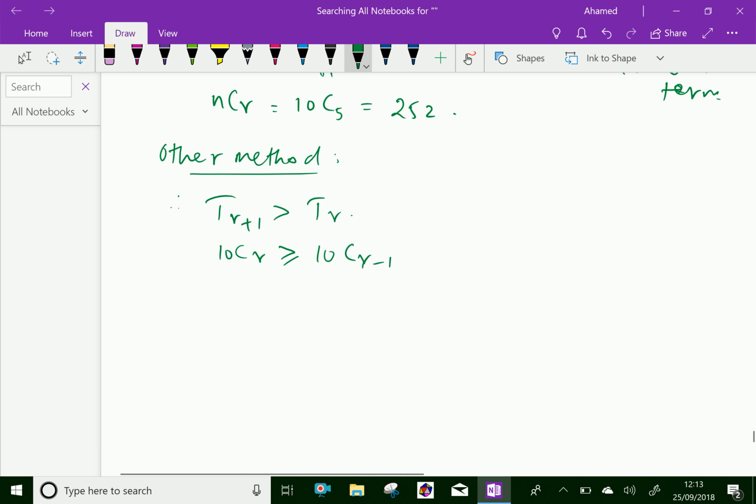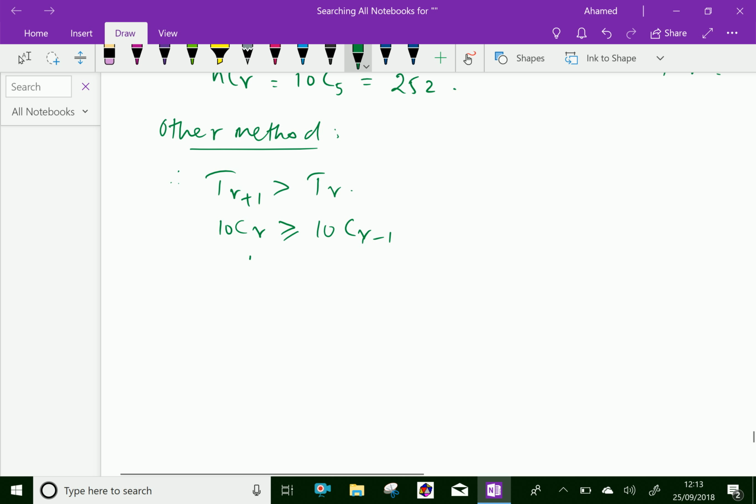Therefore we can expand this. 10Cr is 10 factorial over (10 minus r) factorial into r factorial, which is greater than or equal to 10 factorial over (10 minus r plus 1) factorial into (r minus 1) factorial. The 10 factorial cancels on both sides.